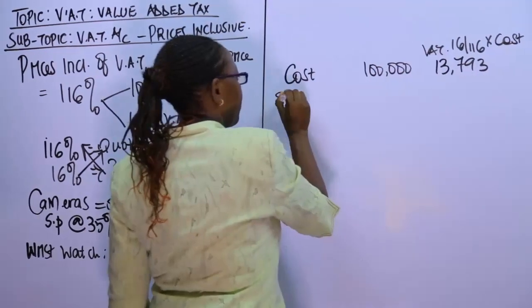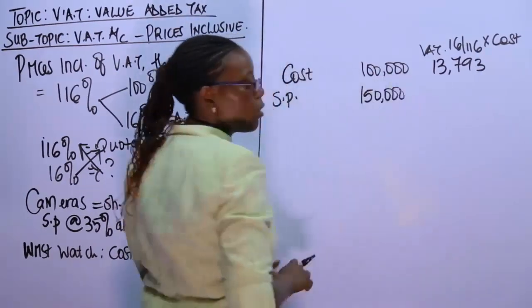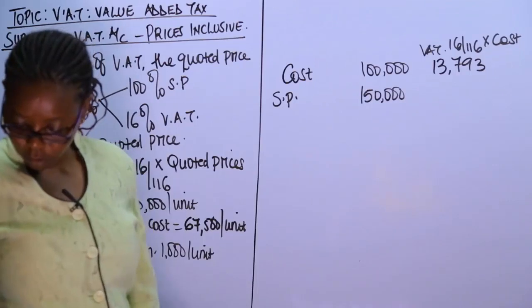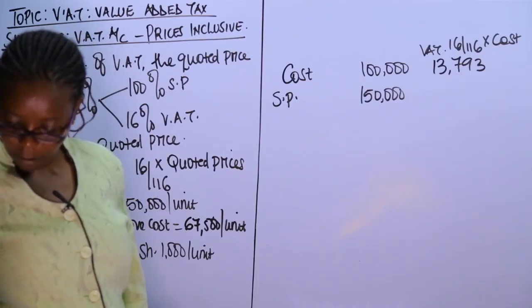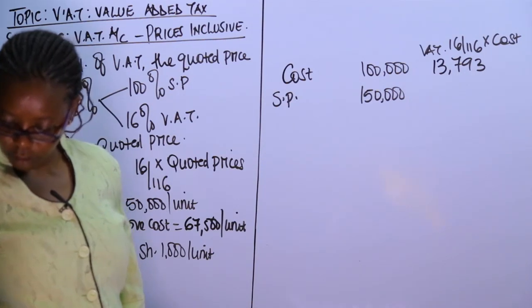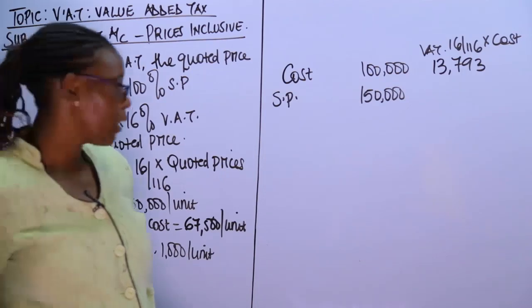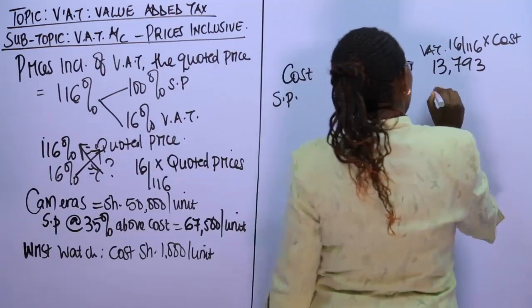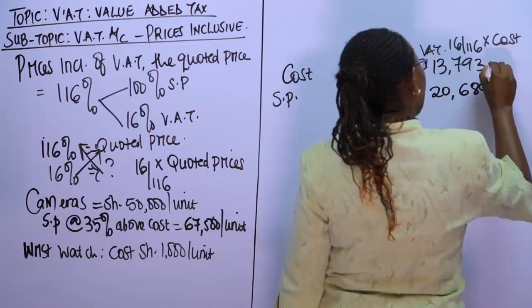And you're selling at 150,000, inclusive of VAT, so times 16 over 116 gives us 20,689.7.